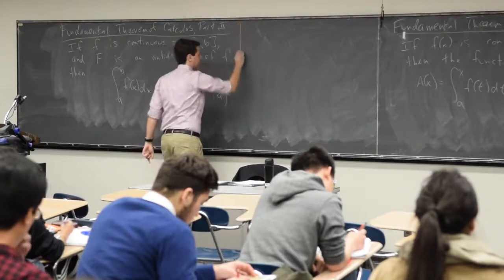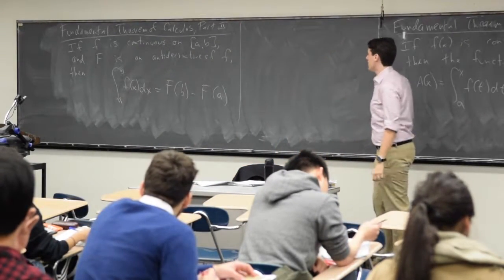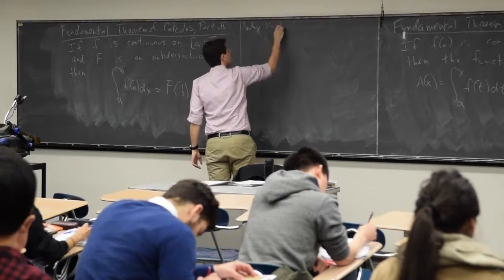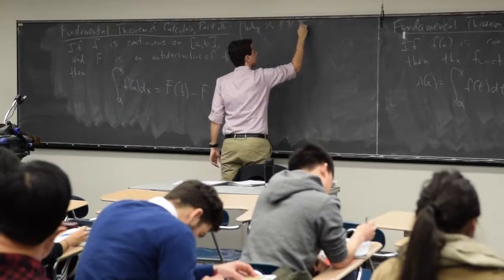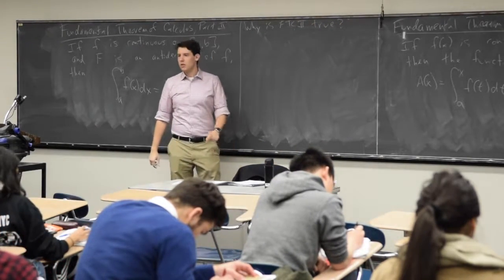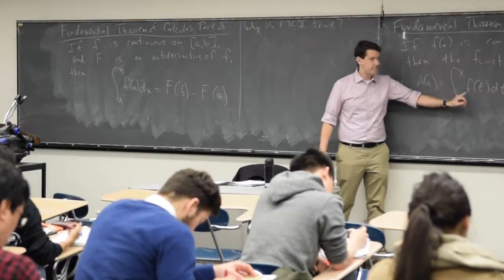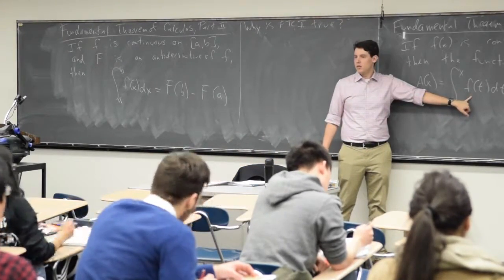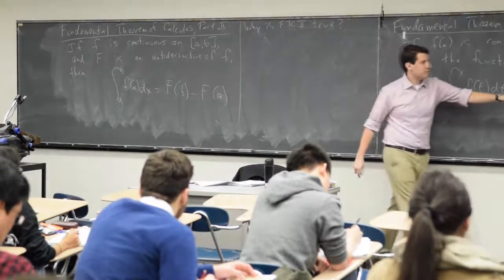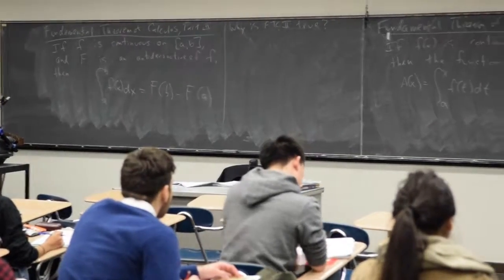Let's see why this is true. Okay. So why is Fundamental Theorem of Calculus Part 2 true? Well, we know that A of x is an antiderivative of this function. Right? That's what this says. Saying that A prime equals little f.